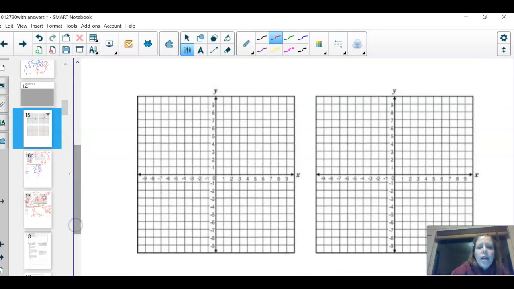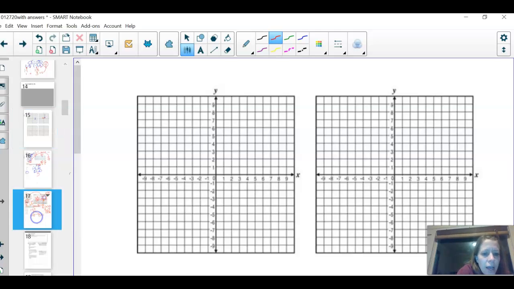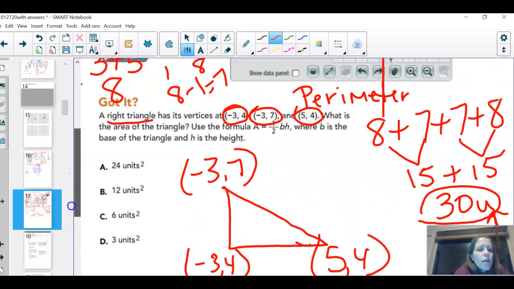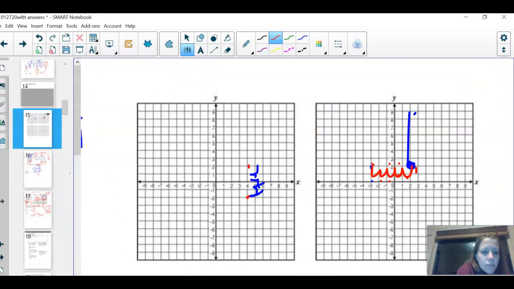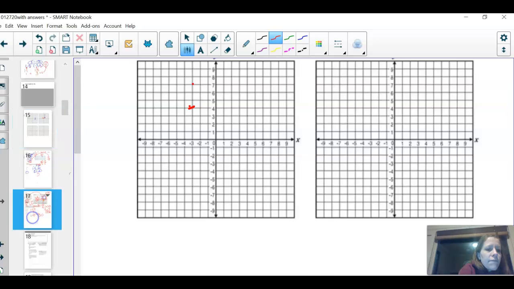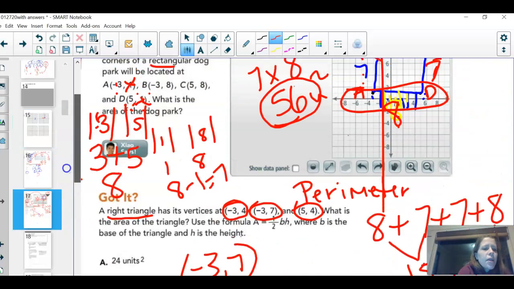And I would have something very similar. Okay, so I would still have -3, 4 and -3, 7, and then I would have, I believe it's 5, 4, yeah.